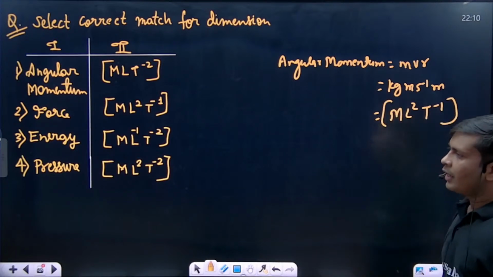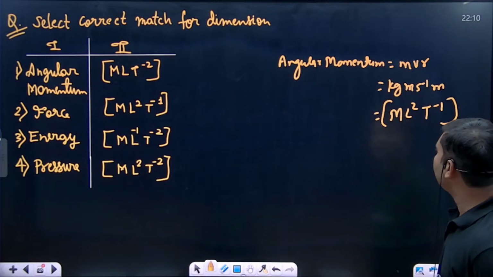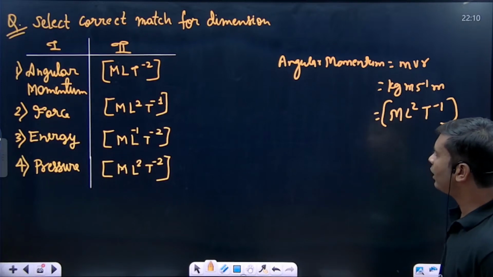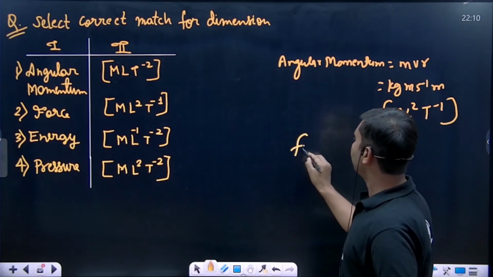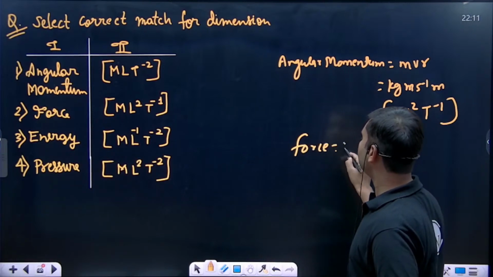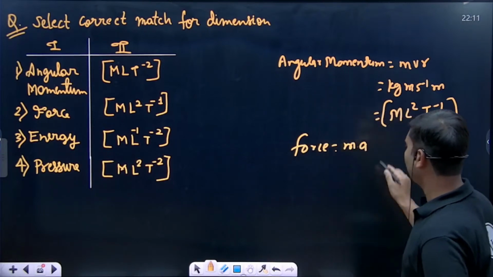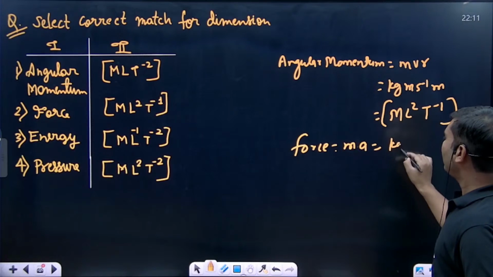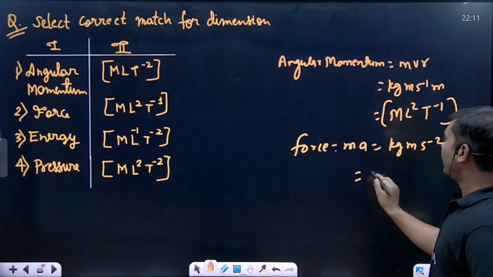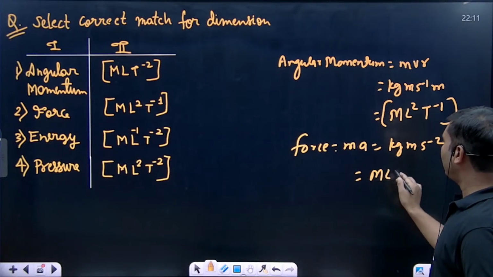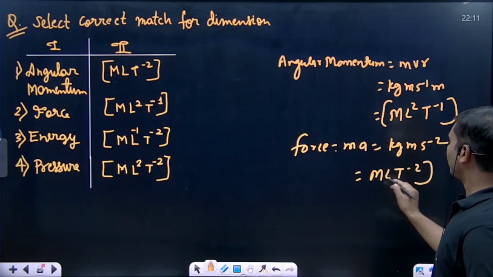Means the angular momentum has dimension ML^2 T^-1. Now the second one is force. Force is equal to mass into acceleration, which is kg meter s^-2, so its dimension is MLT^-2, right?